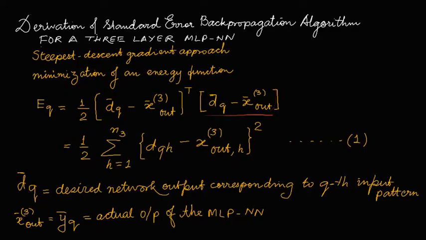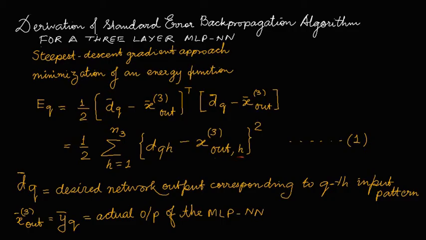vector. And then in terms of components, we can write this expression as summation over h from h equal to 1 to n3, where n3 is the number of neurons in the third layer, of (d_qh minus x_h out).